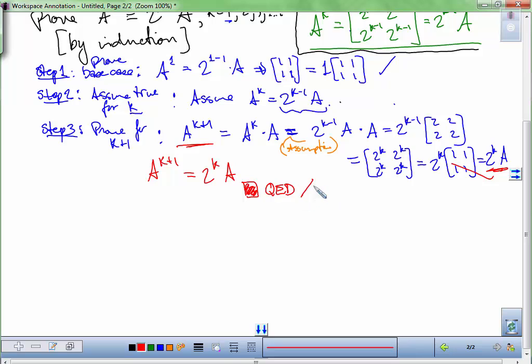Or you can use this. If you get to higher math and you start proving all kinds of stuff, you'll find your little symbol for the end of the proof. QED. What's QED stand for?